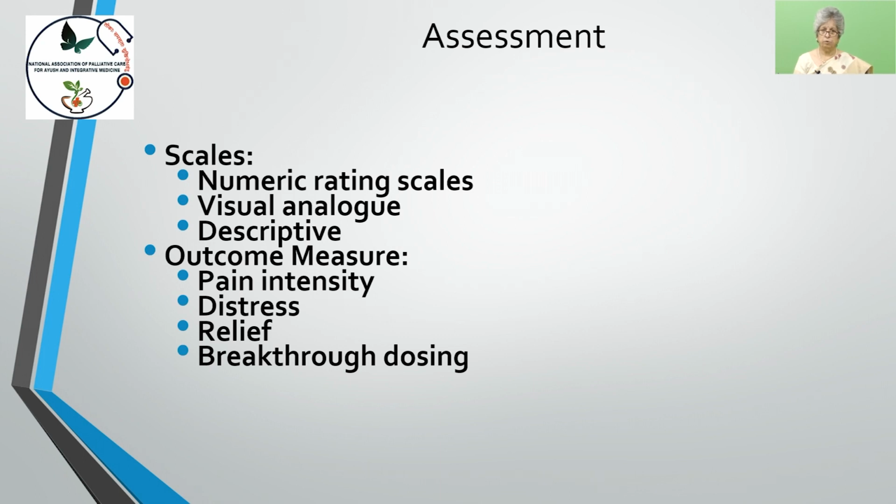First of all, you have to assess the pain, how much is the pain. Unless you know the amount of pain the patient is suffering, you cannot decide about the drug you want to use or the dose of the drug you want to give to this patient.